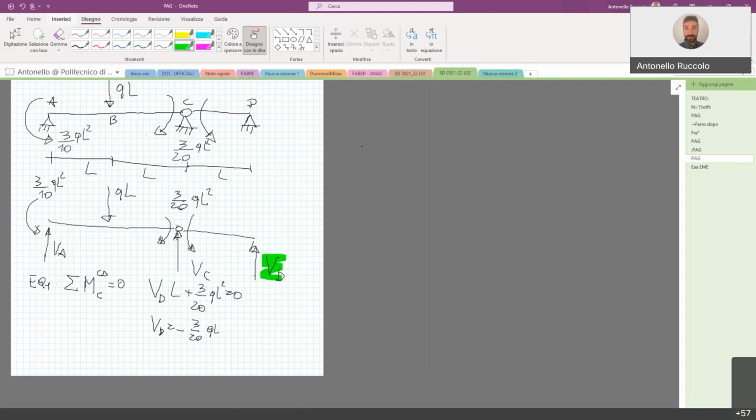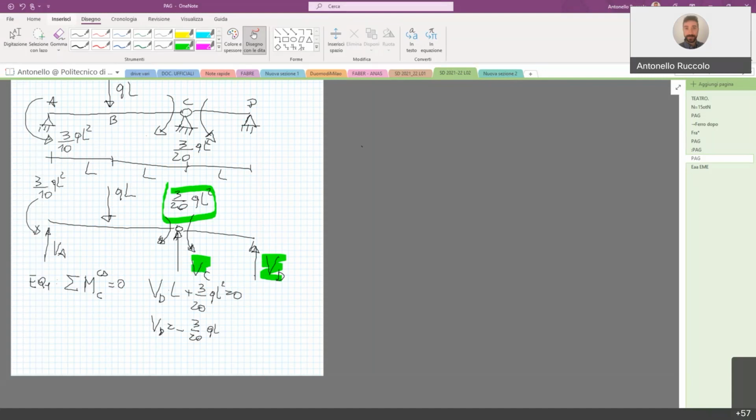We don't have this term because it is applied both clockwise and counterclockwise in the structure. So when we have an internal force, it never appears in the equilibrium of global rotation.